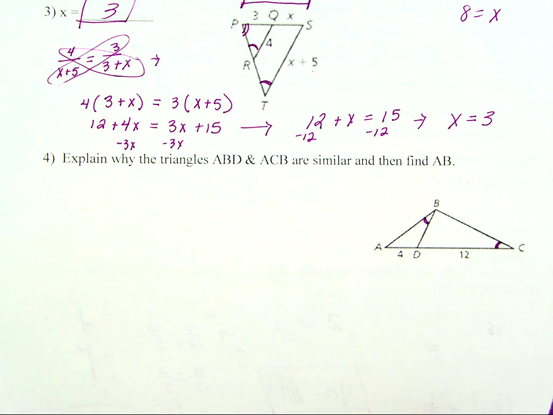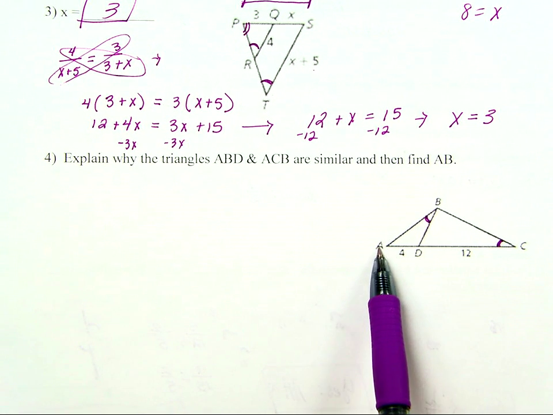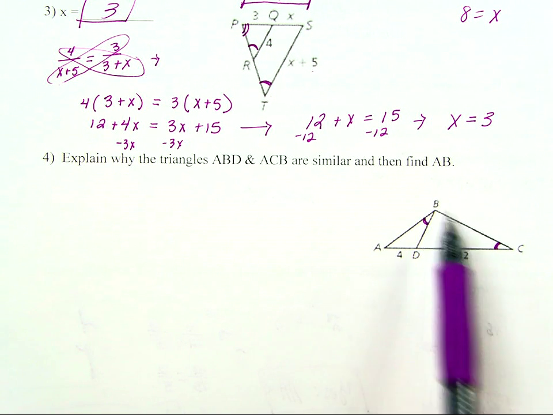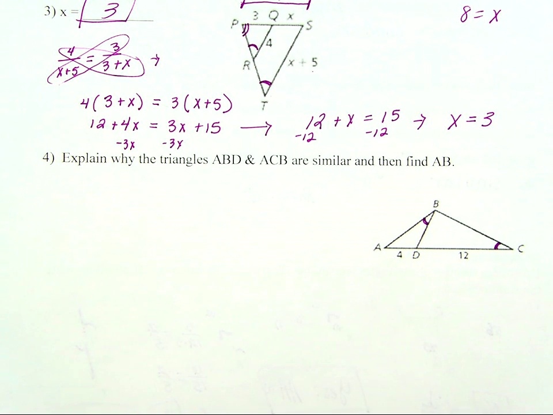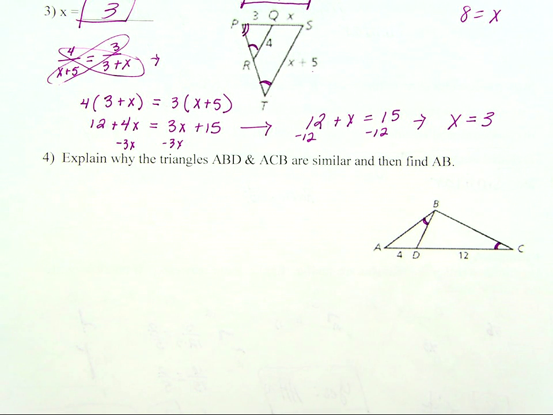I have to determine which two I'm trying to prove similar. ABD is the smallest triangle. ACB is the larger triangle. So I'm using the smallest and the largest. I'm not using this medium triangle, BDC.